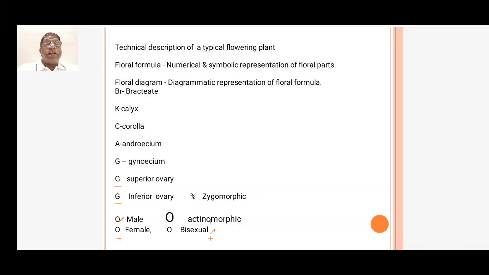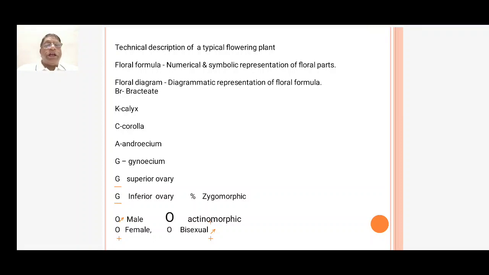Then the fruit we study. The type of fruit, whether it is a fleshy fruit or a dry fruit, aggregate fruit or a compound fruit, like that we study. Then we study the floral formula of the plant or the family.